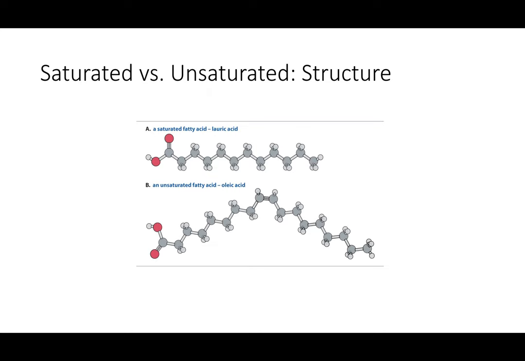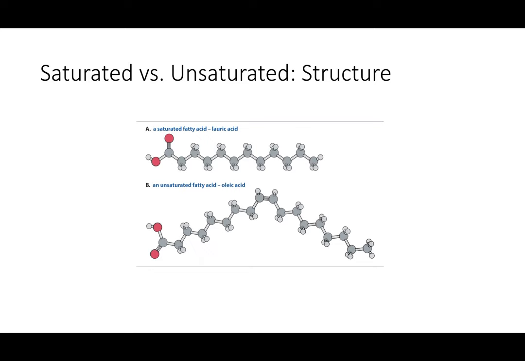So we draw it for convenience sake, but in reality, the presence of the double bond means that the chain is kinked. Okay? So this is 16, 1, N minus 6. It's a 16 carbon omega-6 fatty acid that has 1 double bond.